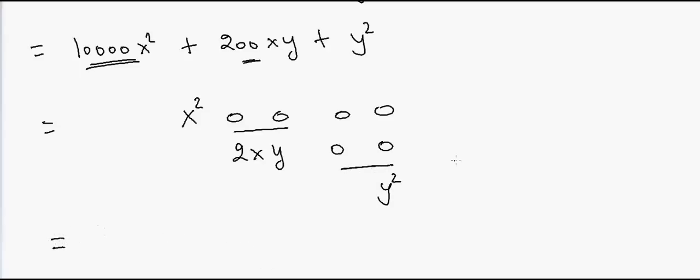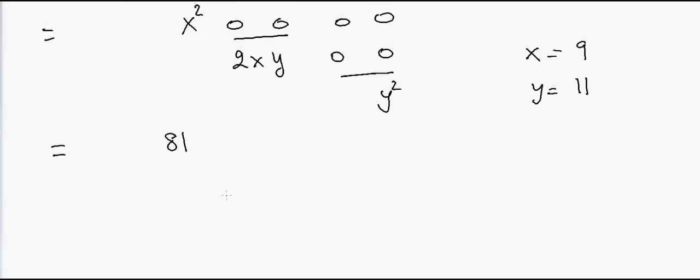Again, if I have x equal to 9 and y equal to 11, then you can see that 9 square is 81. So there is no limit for x square here, right? And then we have 2xy, so 2 into 9 into 11, that will be 18 into 11, and that will be equal to 198.